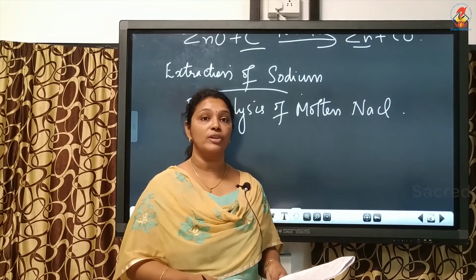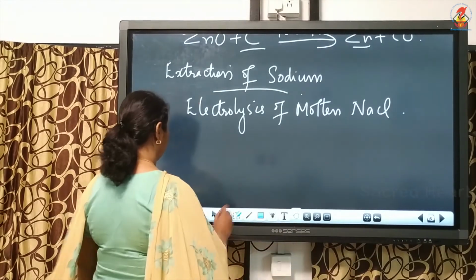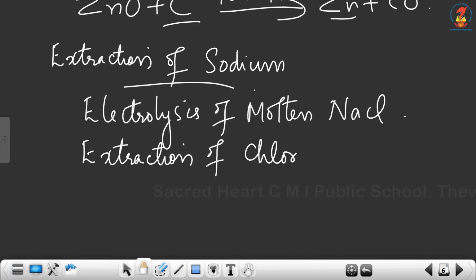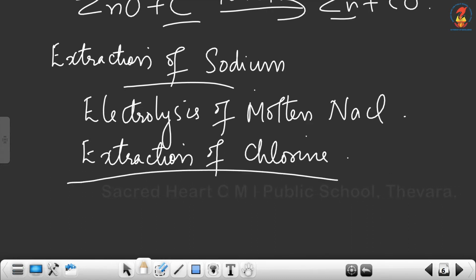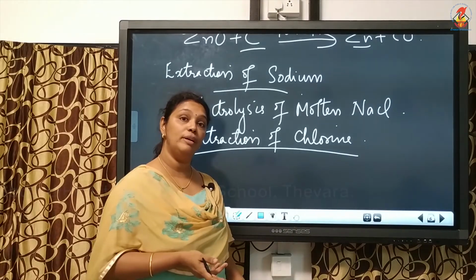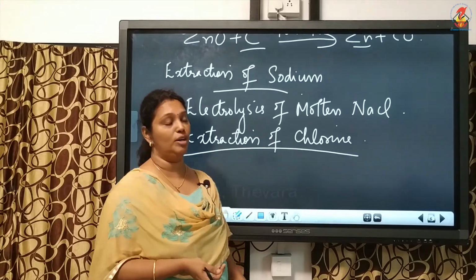Now next is extraction of chlorine. Now chlorine is extracted by the electrolysis of molten sodium chloride or aqueous sodium chloride.